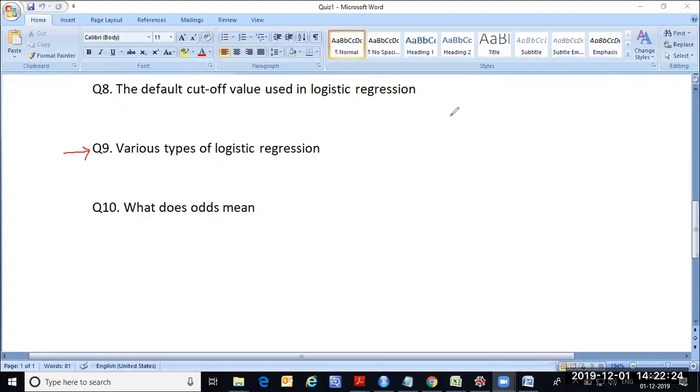What are the other types? Multinomial logistic regression. If the output variable has more than two categories, you can go for multinomial logistic regression. And we also discussed ordinal logistic regression. When the output variable is of count in nature, you can go for ordinal logistic regression. Right? So what does odds mean?